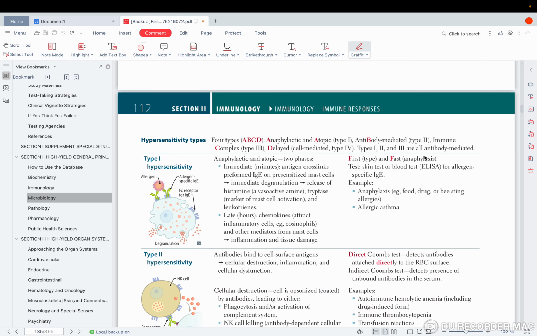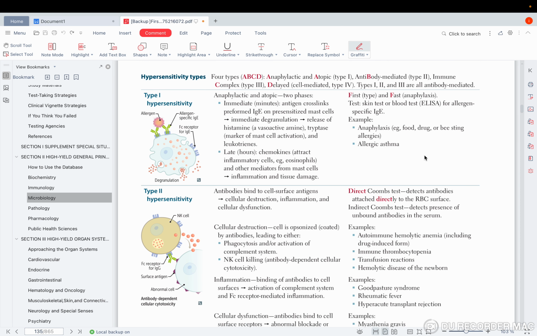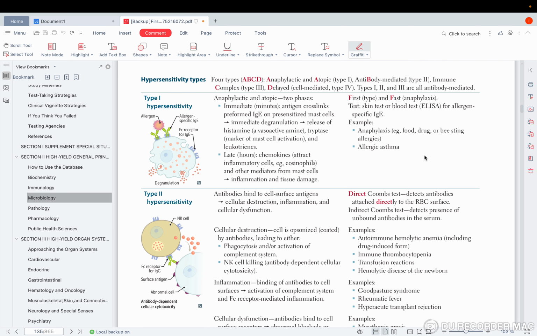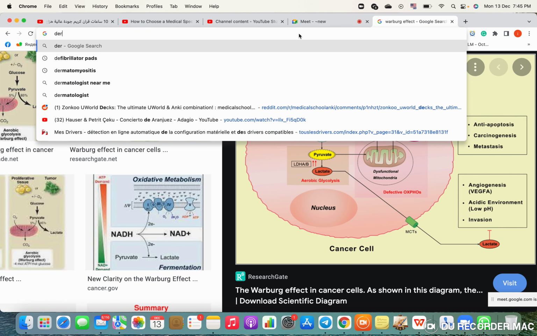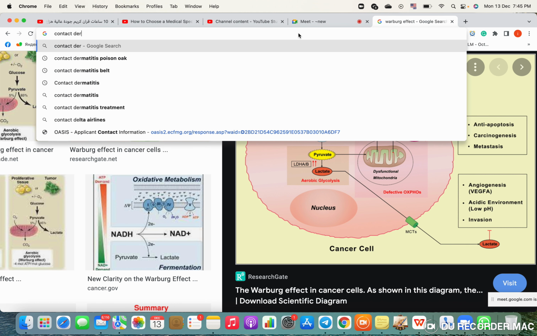Okay, if we speak about type 1 hypersensitivity reaction, which cell mediates it? Eosinophils secreting histamines. Yep. Okay, so can somebody tell me? Oh, I will give you a vignette. Somebody was walking in the woods, and he was exposed to poison ivy basically.